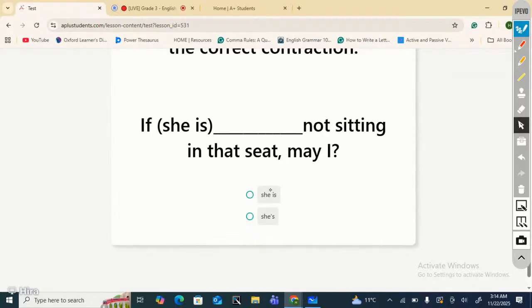Can you guess the contraction of these two words? Which option is correct, guys? Let me know in the chat box.